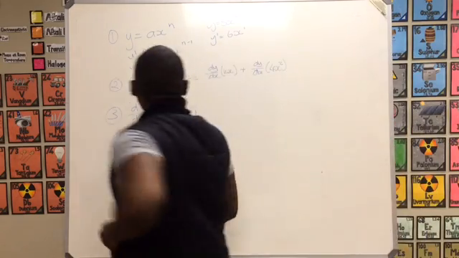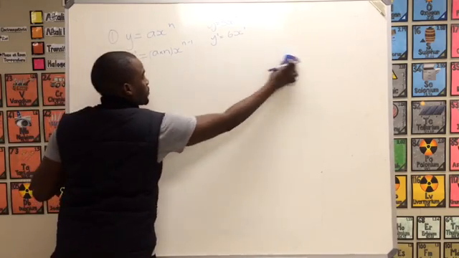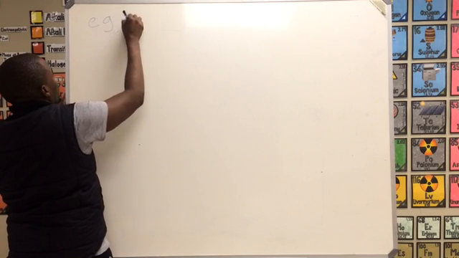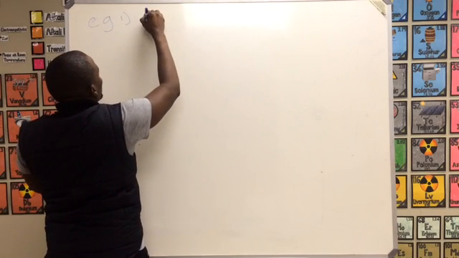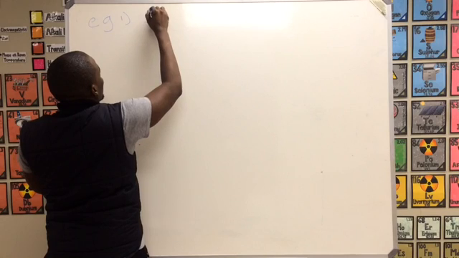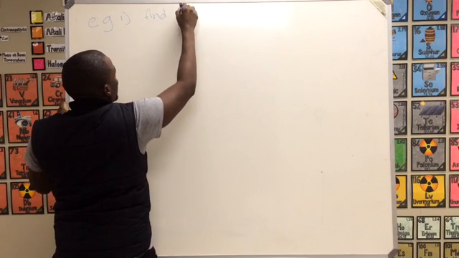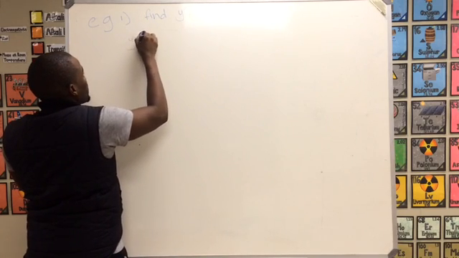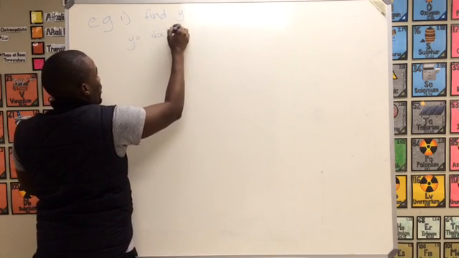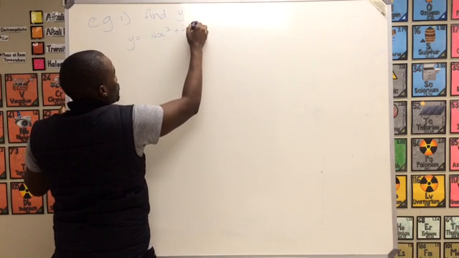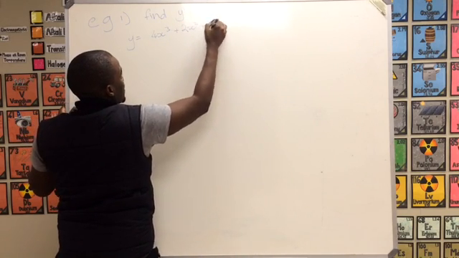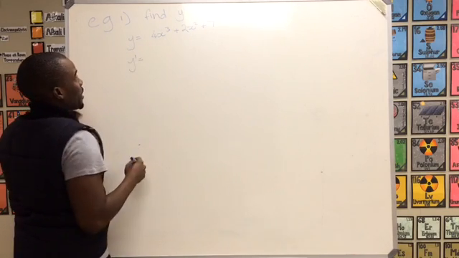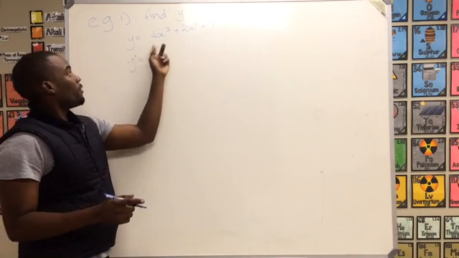Let's look at a little example. So if they say find y prime if y is equal to 4x to the power of 3 plus 2x squared plus 7, then our y prime would simply become, so now we've got the derivative of a sum.